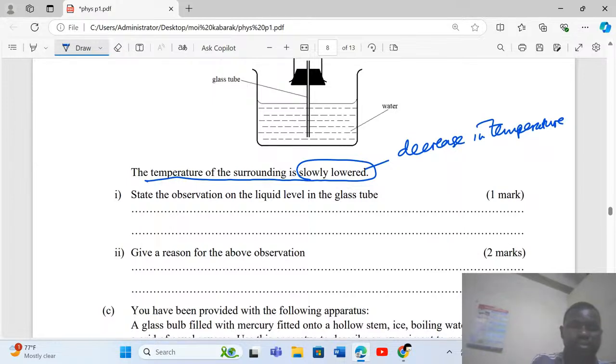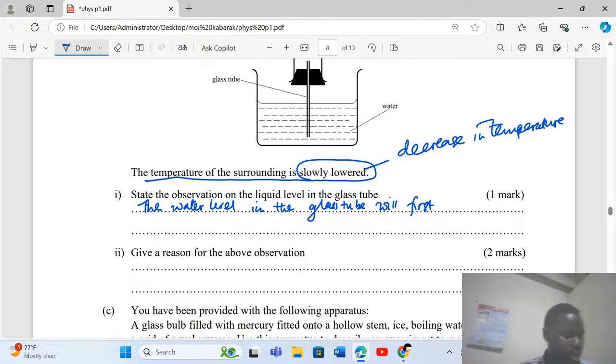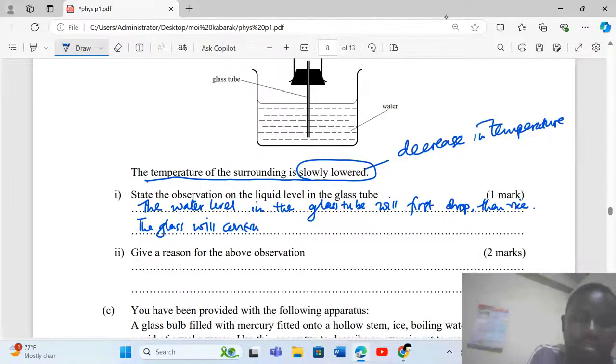Therefore, you say the water level in the glass tube will first drop, then rise. Why? The glass will contract, reducing in volume.